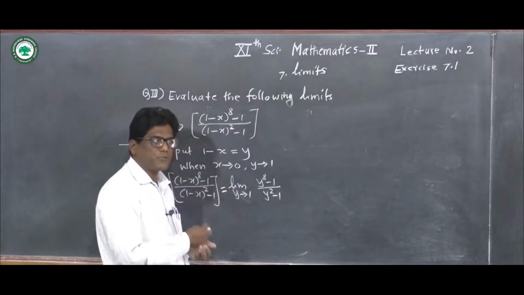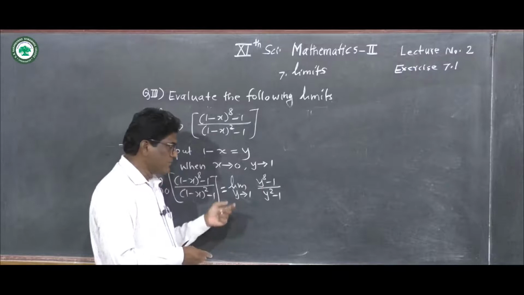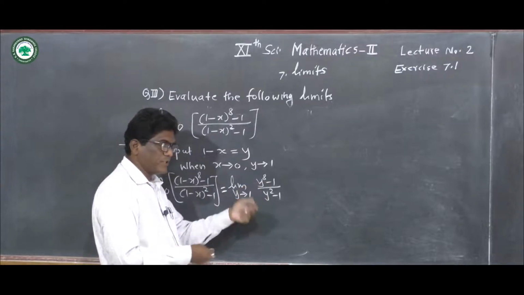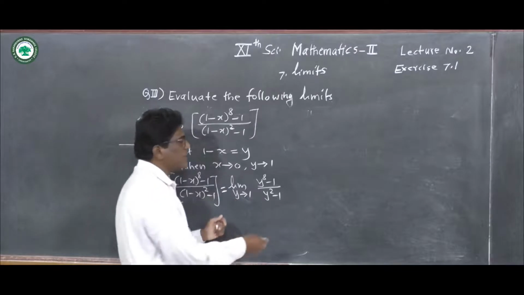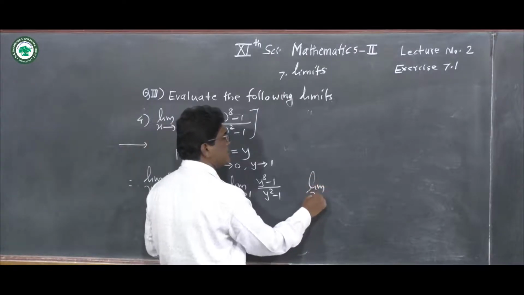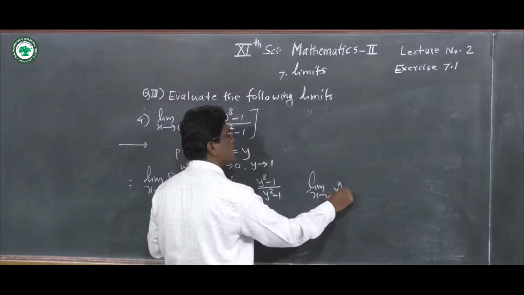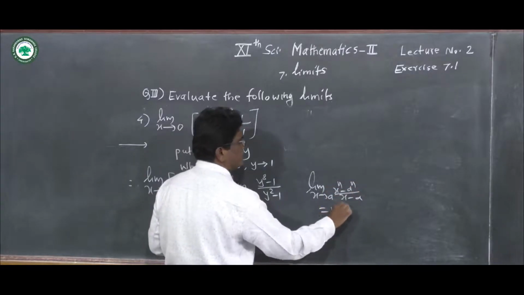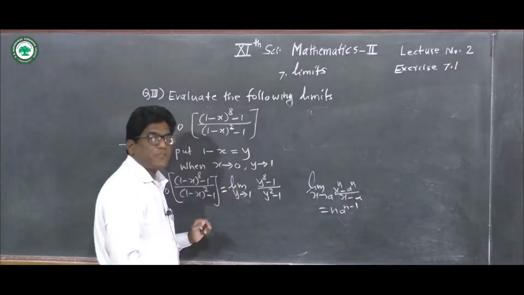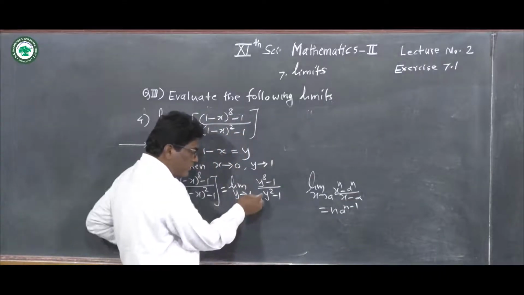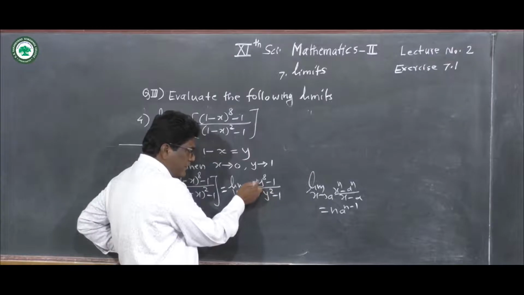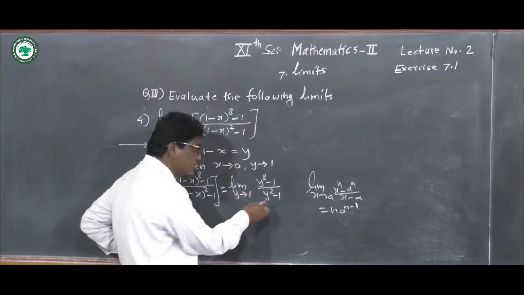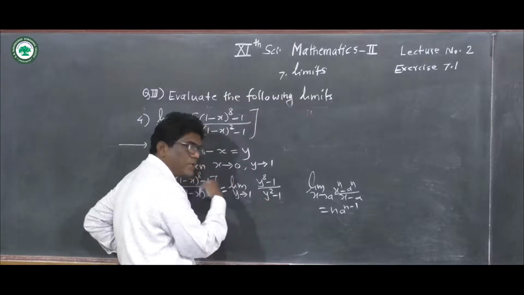We have to use a formula now, in the numerator and denominator separately. Which formula? Limit as x tends to a of x to the power n minus a to the power n upon x minus a is equal to n into a to the power n minus 1. But here we must have y to the power 8 minus 1 divided by y minus 1, and in the denominator also y minus 1.